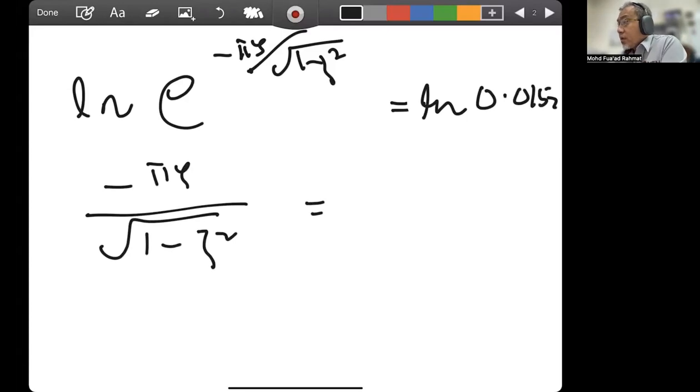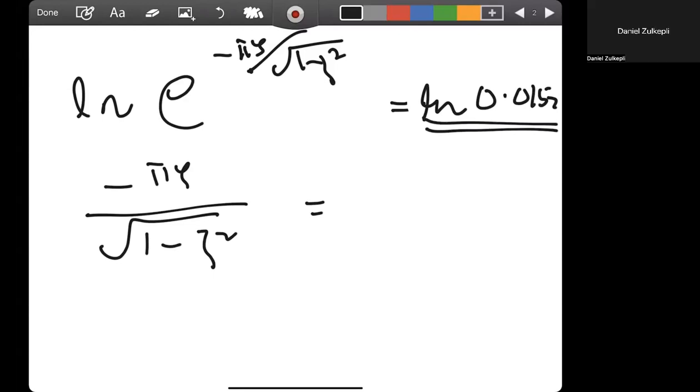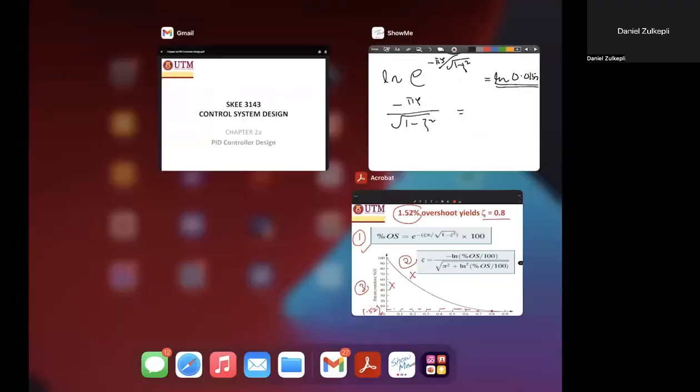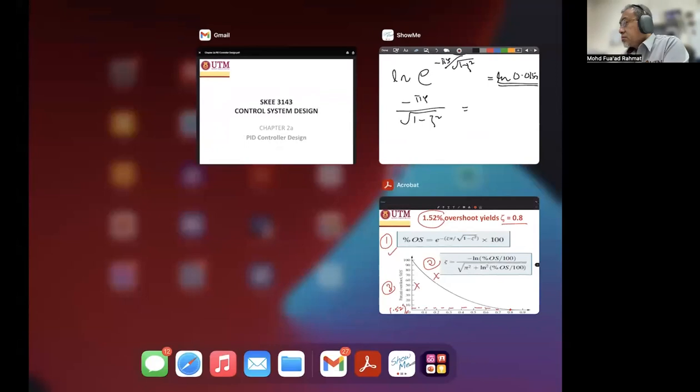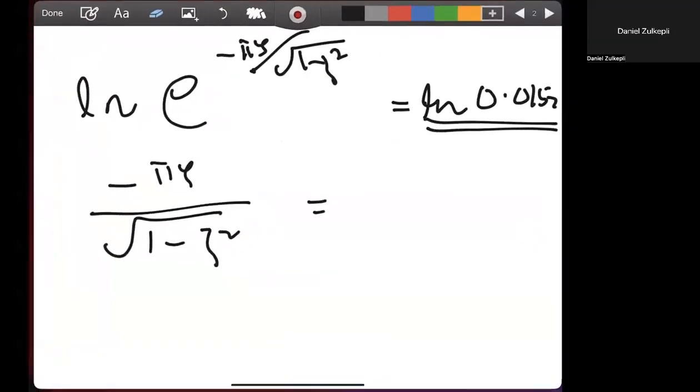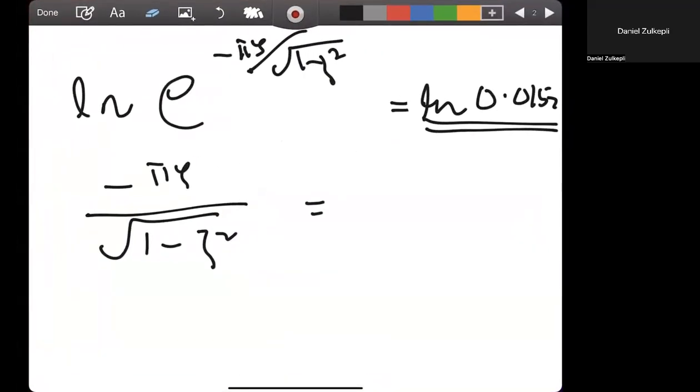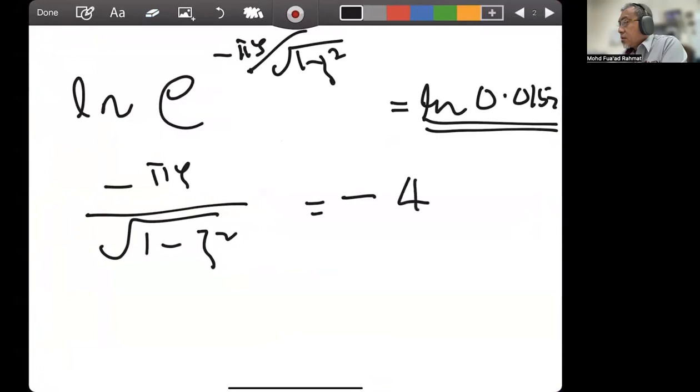Can you find ln of 0.0152, please? It is negative 4.186.